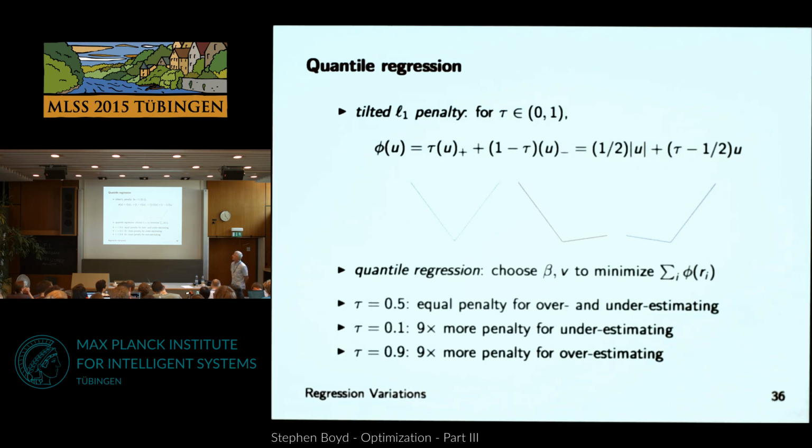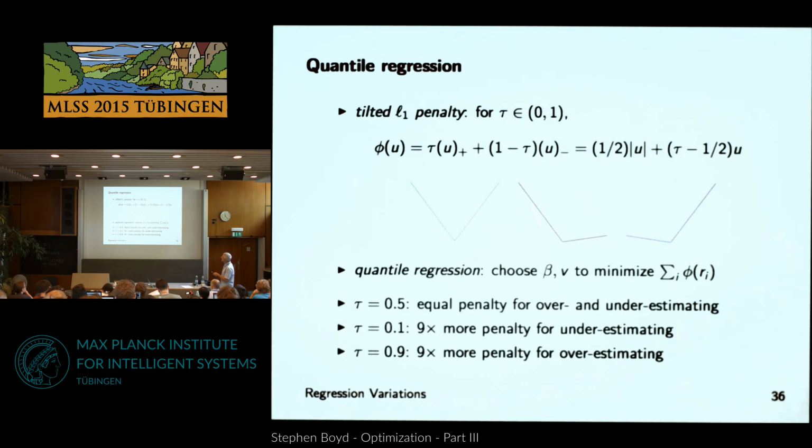So here it is. There's a tilted L1 penalty. The L1 penalty is the absolute value like that, and all you do is tilt it. So you put more or less weight on over or underestimating. That's in an estimation context, but it's just being positive or negative, right? So there's L1, absolute value. Here it is for 0.1.